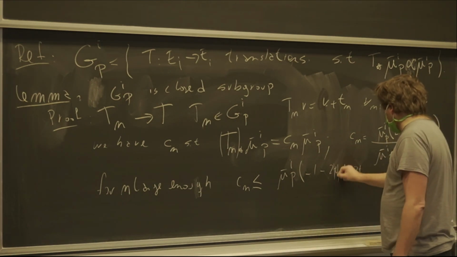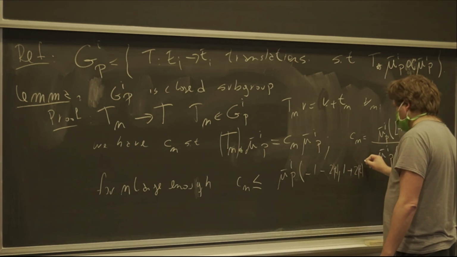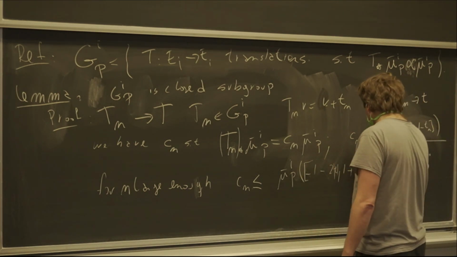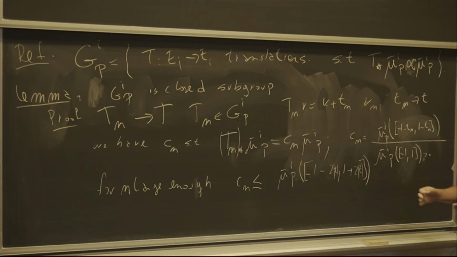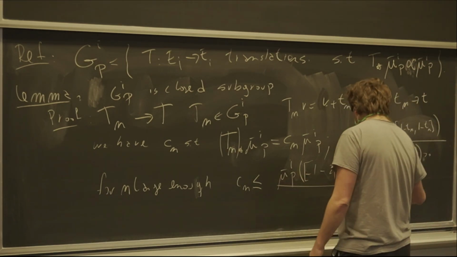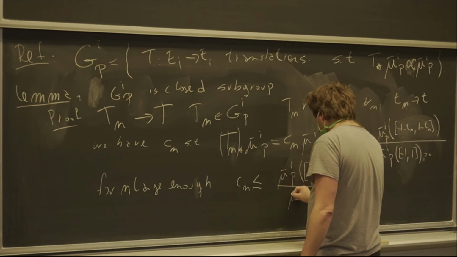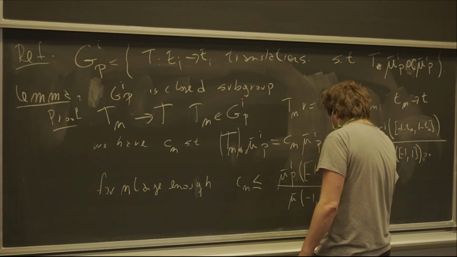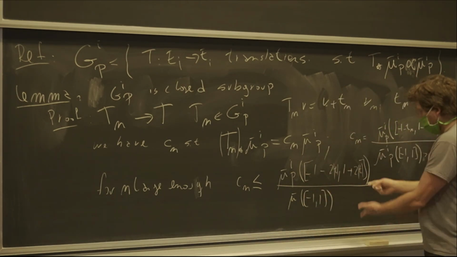Let's put absolute values here. It really doesn't matter. Some interval which contains all these guys simultaneously, divided by mu bar. And this is just a number.